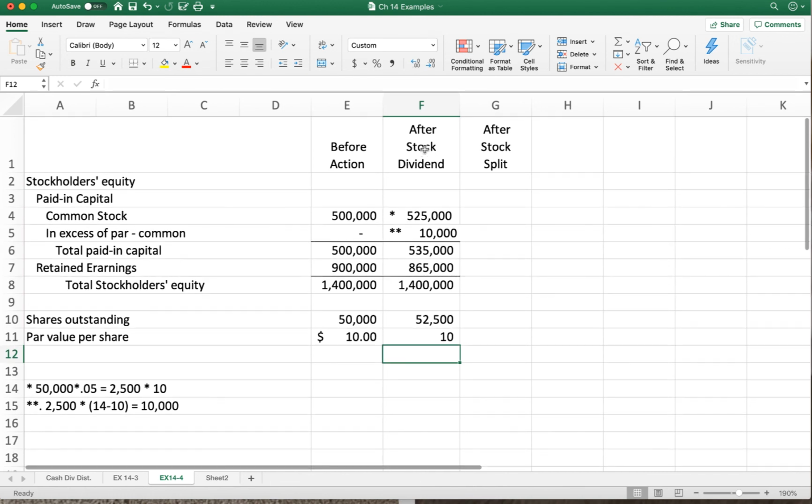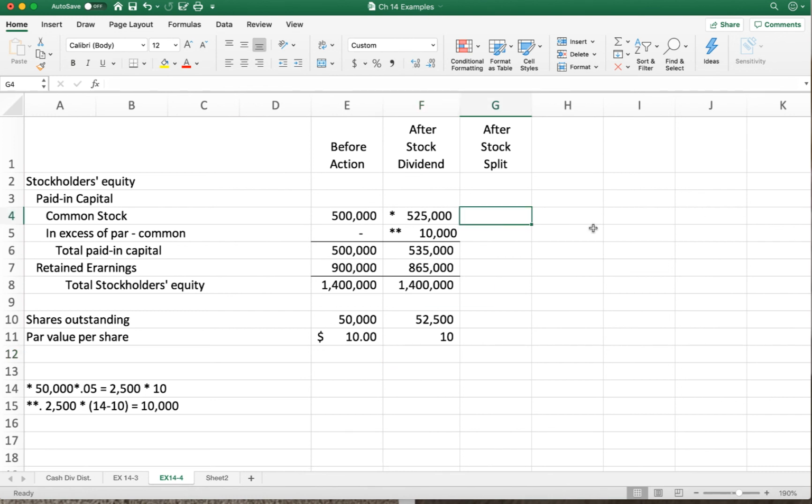Now let's forget about after the stock dividend and just focus on after a stock split, right? What does it look like after a stock split? Well, let's think back to the lecture portion. The only thing that really changes is the number of shares outstanding and the par value.